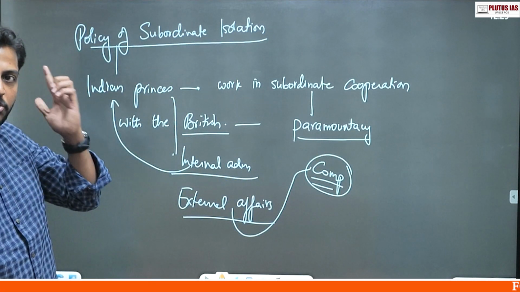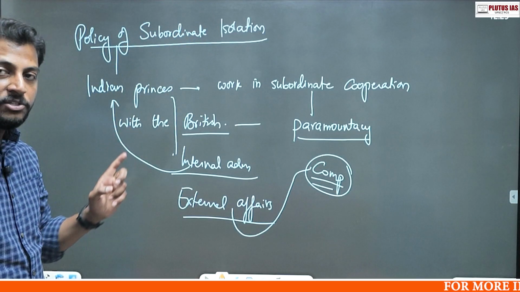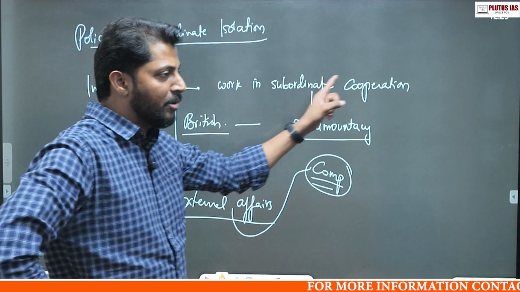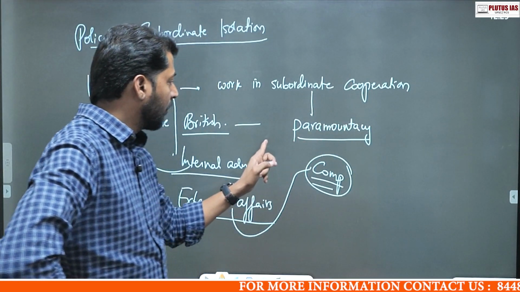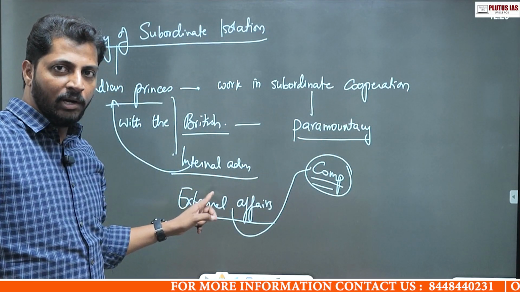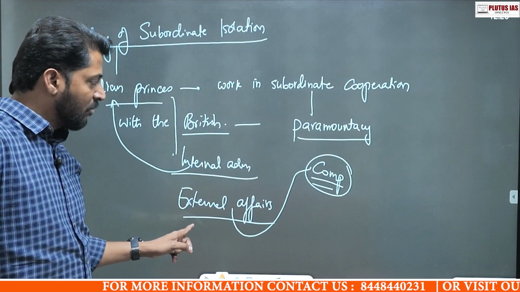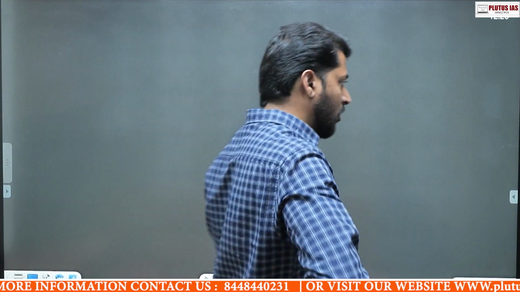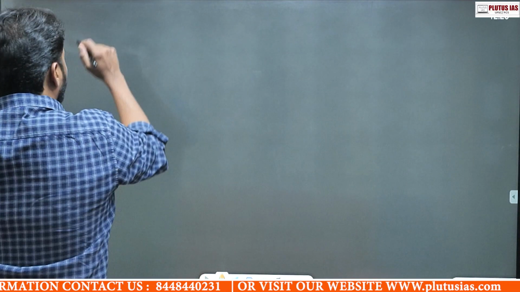This is called the policy of subordinate isolation. That means under this policy, the Indian princes work in subordinate cooperation with the company, controlling only internal administration, while external matters are given to the company only. So this is another policy to control Indian states.